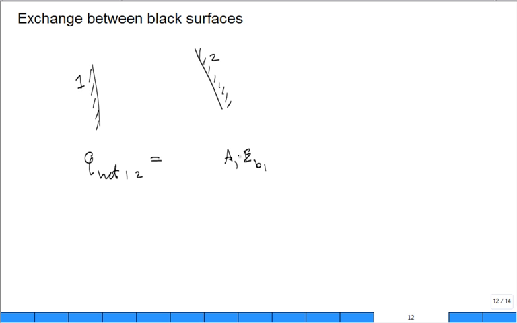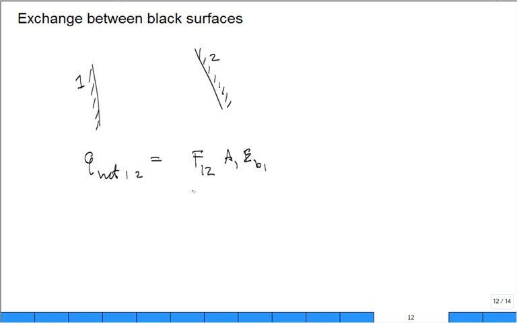It's coming off of it, right? Surface 1 is black, so there's no emissivity here. It's 100% what comes off. Then I have to multiply by the fraction that gets to 2. That's how many watts are leaving 1 and getting to 2. And because both 1 is black and 2 is black, there's no emissivity on 1, and everything that gets to 2 is absorbed.